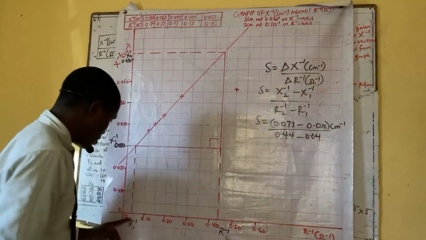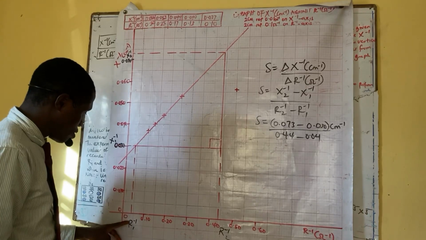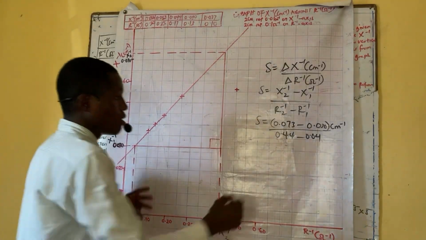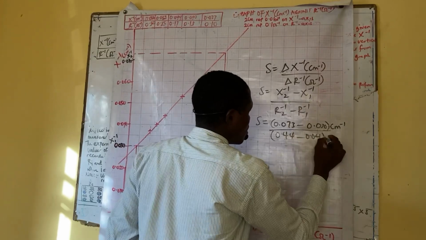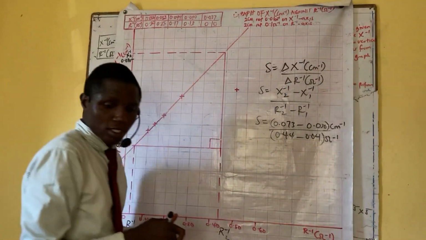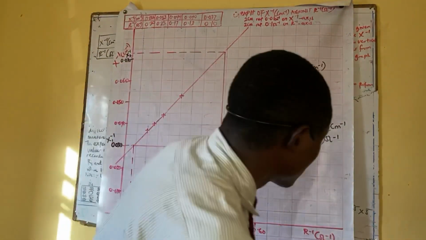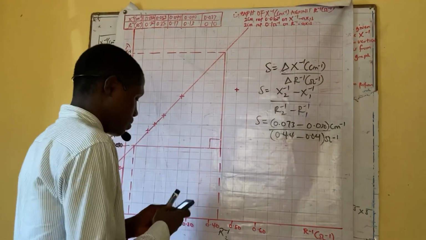We can count it though. This is 0.01, 0.02, 0.03, 0.04. So that is per what? Per ohm. So when you minus this, what do you get? Minus this, what do you get?